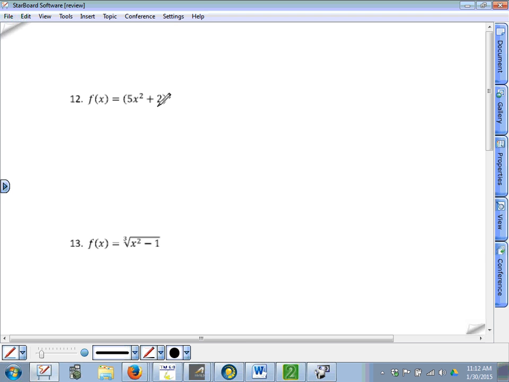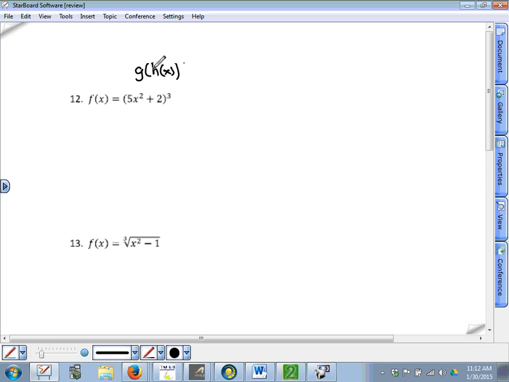Question 12 is meant to be an illustration of the chain rule, because we have an instance of g of h of x, where we have a function inside of a function. H of x would be like the 5x squared plus 2 function, and the g function would be cubing it. So we really have an instance of two functions here.